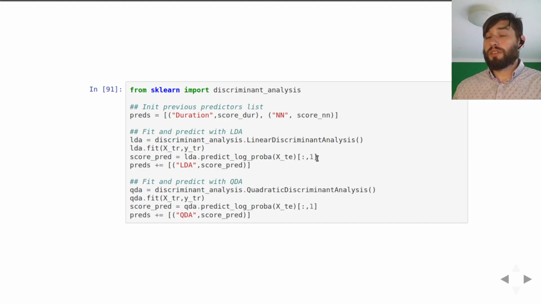That's because this is going to output a score, the log probability, and not just the prediction, which would be a 0 or 1, which isn't helpful for me because I want to plot the PR curve. And this 1 is the probability of being a 1 and not a 0. And so I'll output these scores and then save them. And then I do the same thing with QDA. It's very simple.